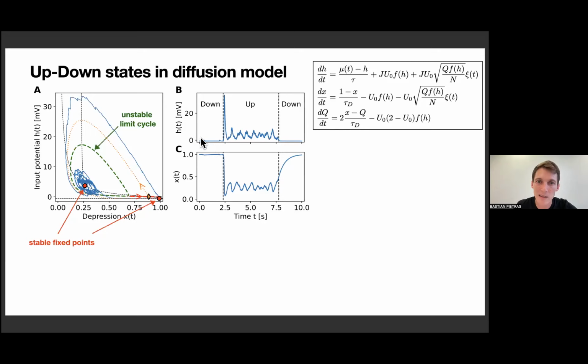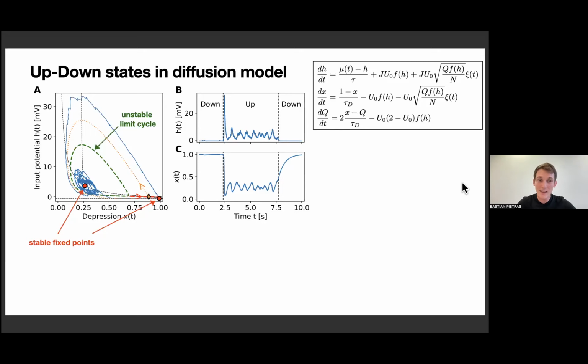So this is exactly this transition that we have here. From the down state, we go to the up state. We have this kind of ringing behavior, the frequency of which corresponds to the stable focus of our stable up point, and then we can switch back to the down state.